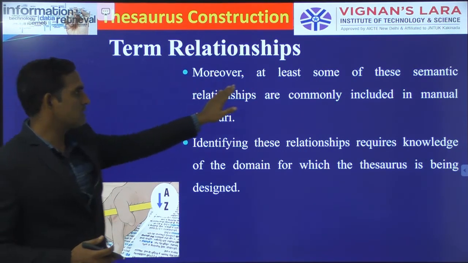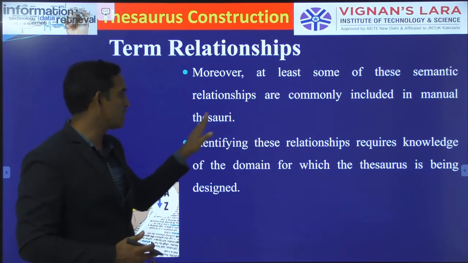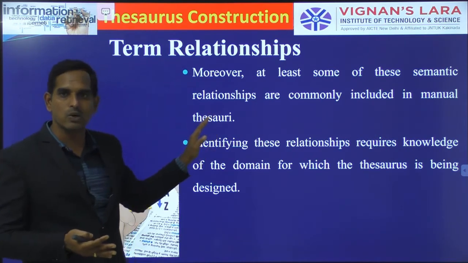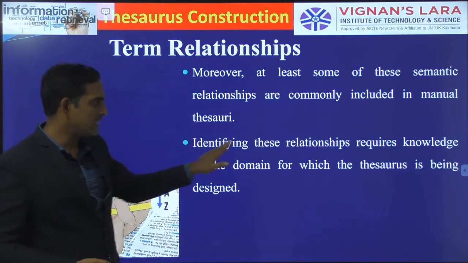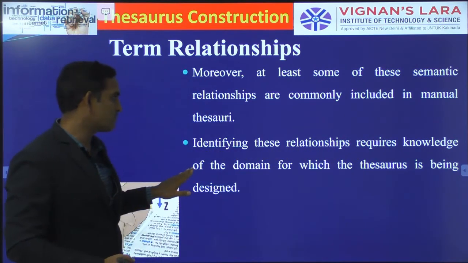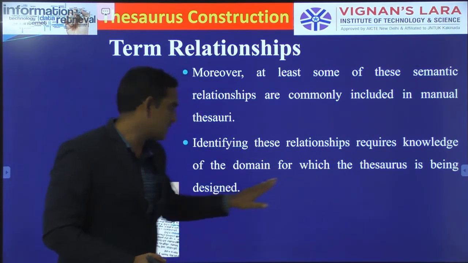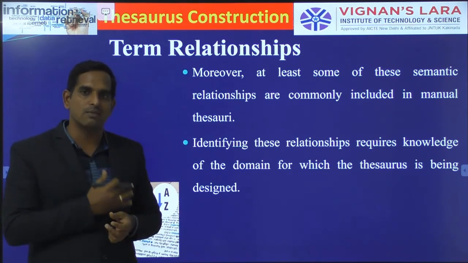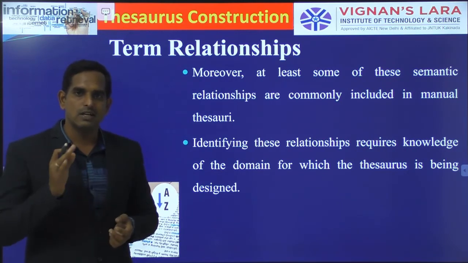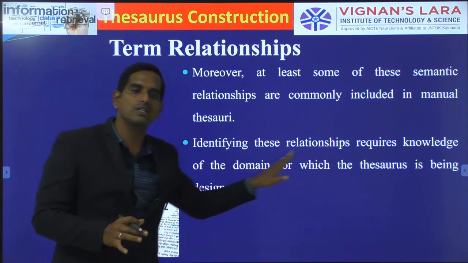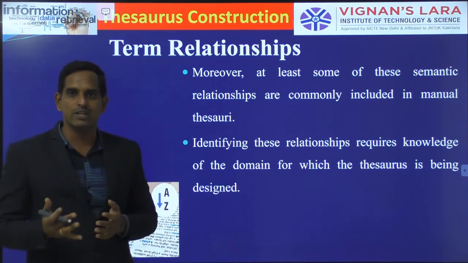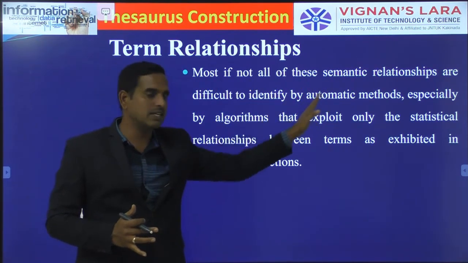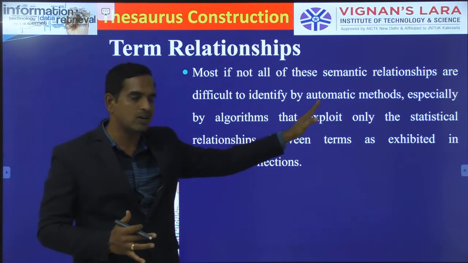Moreover, at least some of the semantic relationships are commonly included in manual thesauri. So for each and every term, the semantically related terms will be included in your manual thesauri. Identifying these relationships requires knowledge of the domain for which the thesaurus is being designed. If I want to find the relationship between each and every term in your complete system, a bit more knowledge of the complete domain is necessary. Most, if not all, of these semantic relationships are difficult to identify by automatic methods.